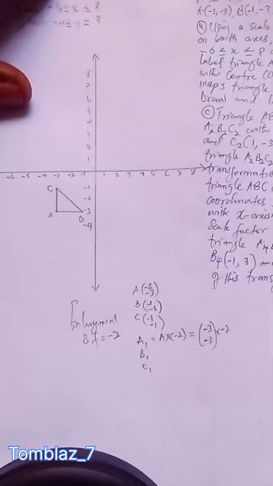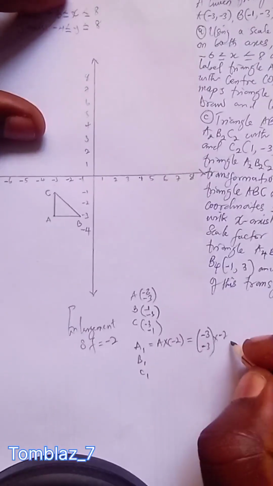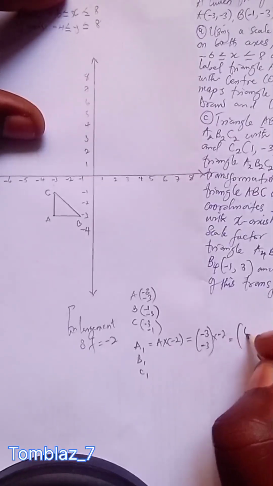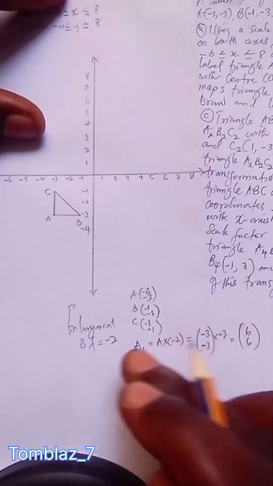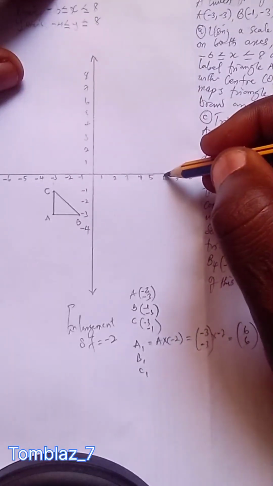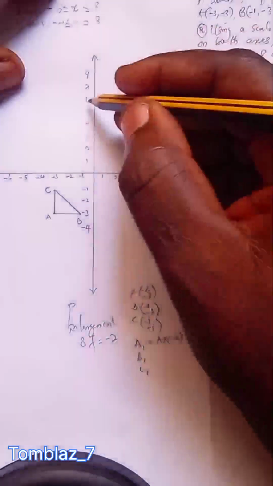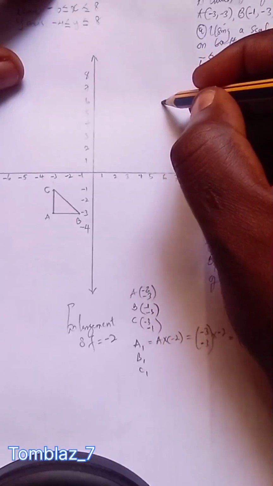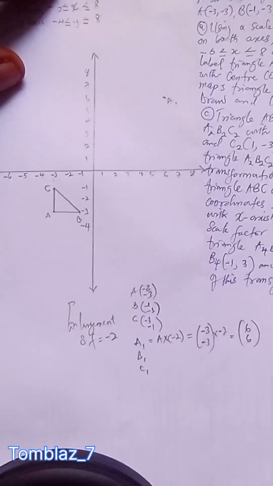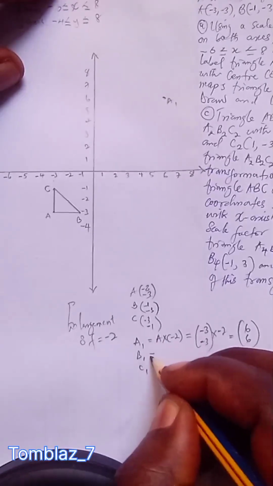So this is going to give us what? The new scale will now be 6 and 6 for A1. So let's trace 6 and 6 for A1. This is +6 and this is -6. So they will meet somewhere here. So this is A1.